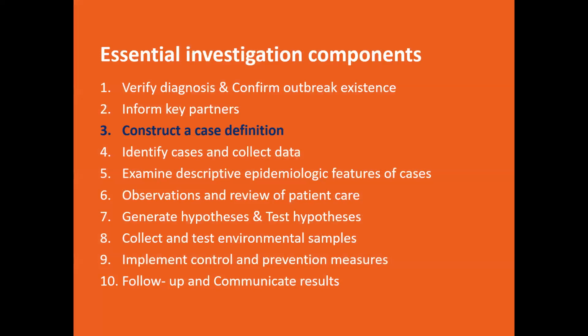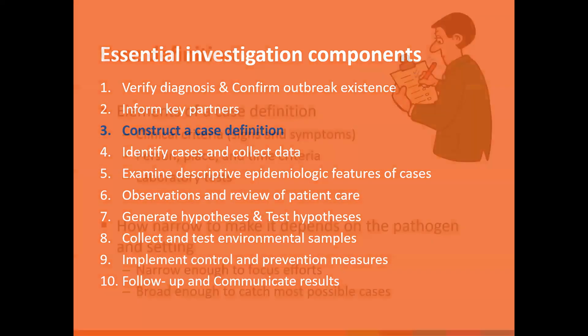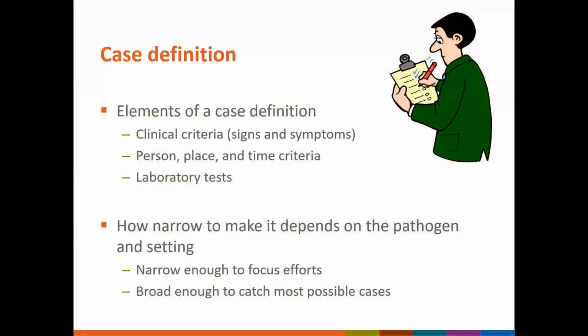Coming to the next step, constructing a case definition for any outbreak investigation, whether it is a community onset, a hospital onset, or a healthcare associated infection outbreak, is a very, very important step. The elements of the case definition should include your clinical criteria, signs and symptoms, and person, place, and time criteria, because who is getting infected, where, and in which time period will provide you a lot of clues.